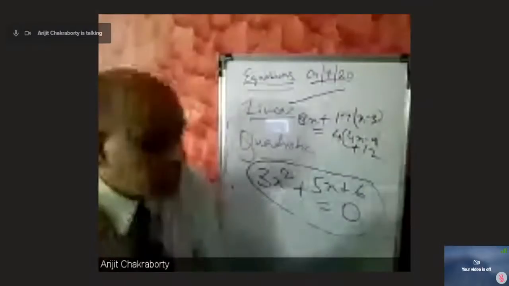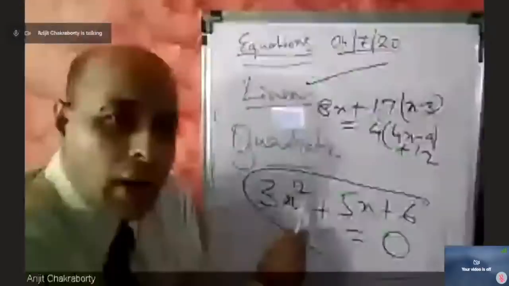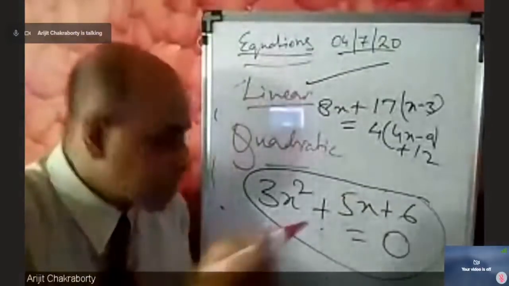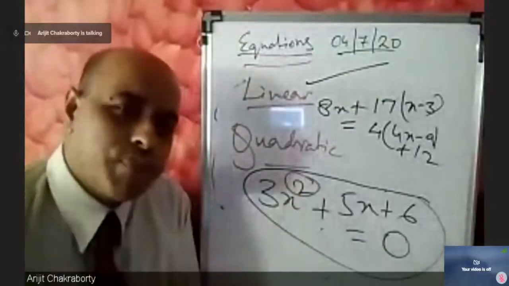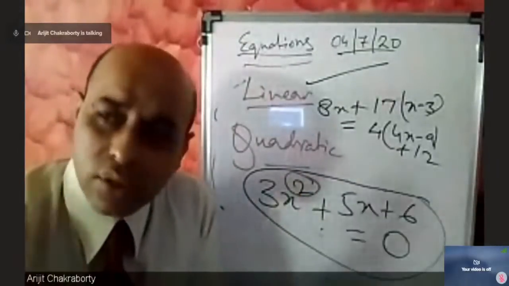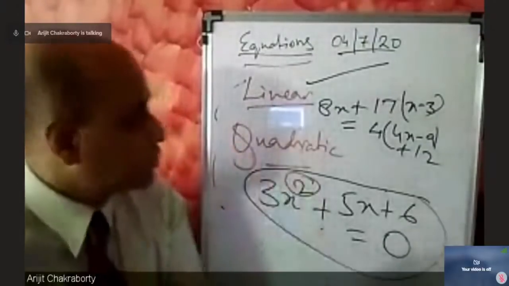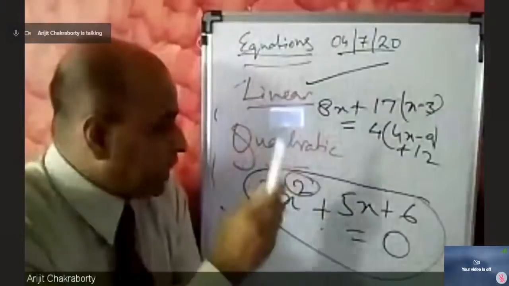Why? Because the power of x, if you see, is 2. I am highlighting this. The power of x is 2. X square, so x into x. So this is quadratic, the second type. So first is linear, the second is quadratic.